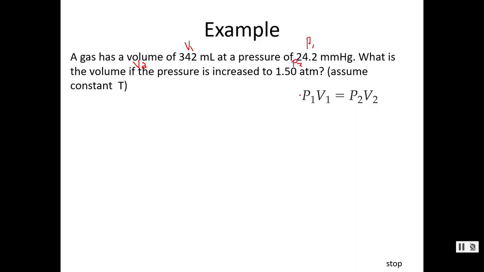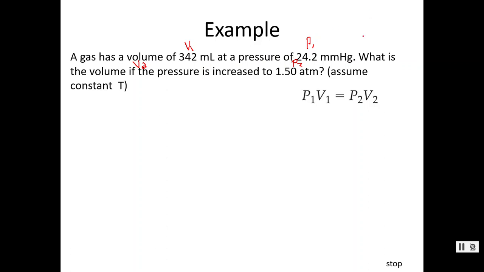So using Boyle's law, P1V1 equals P2V2 is going to be the equation that we use. But hopefully you've noticed that the pressure data that is given to you are in two different units. And to solve this equation, Boyle's law for volume, and have my units cancel appropriately, both of my pressures need to be in the same unit.